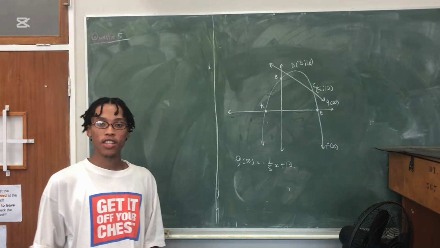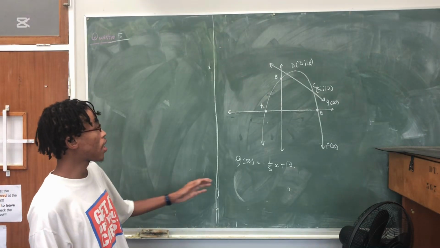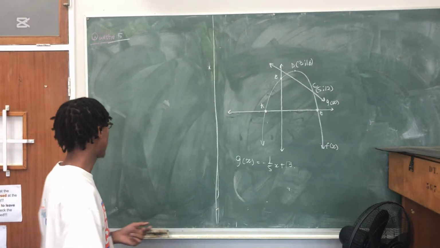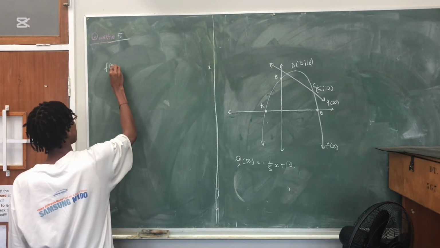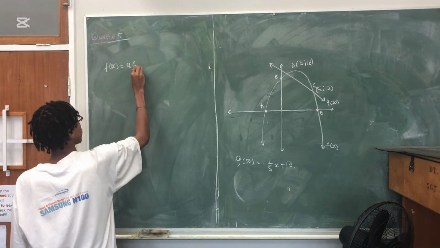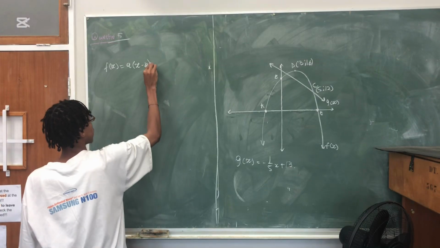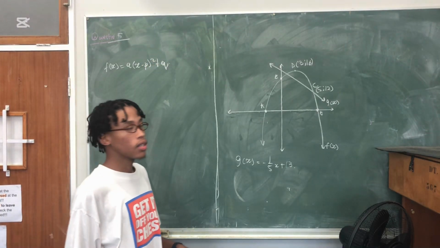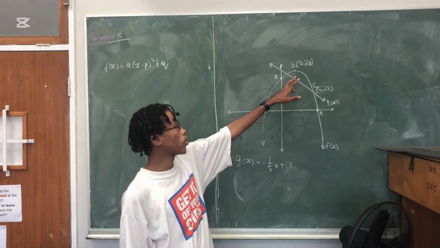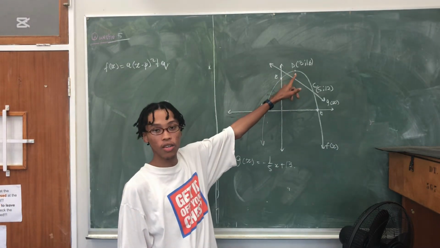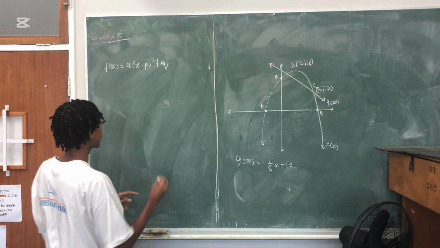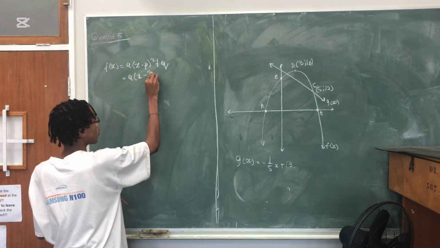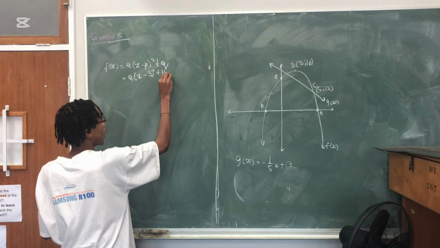The second question is asking us to determine the equation of f of x by finding our a, p, and q. F of x is given by a(x minus p) squared plus q. We already know the turning point coordinates of our f of x, which are the coordinates of D, 3 and 16, so we can substitute them here, 3 and 16.